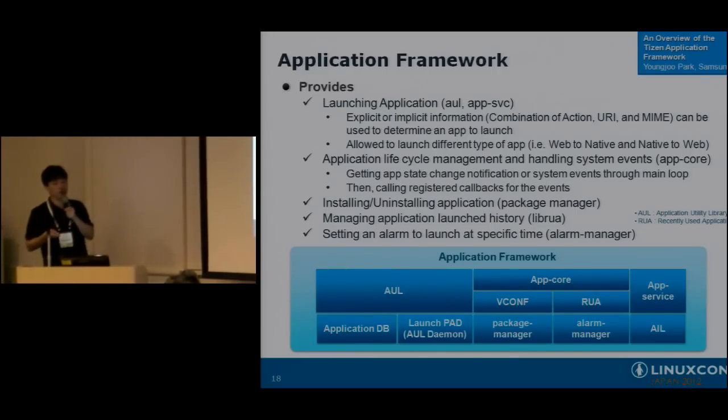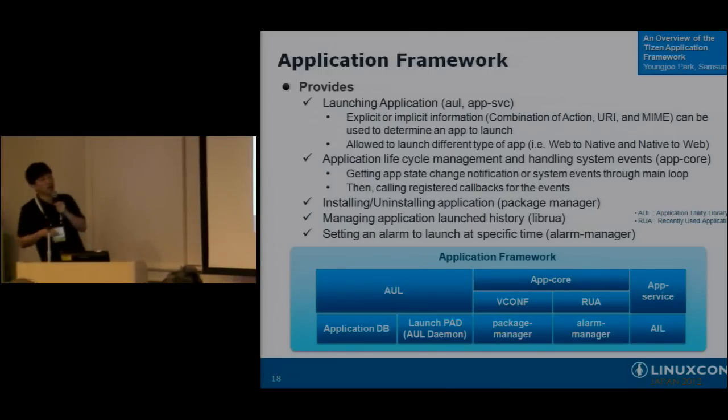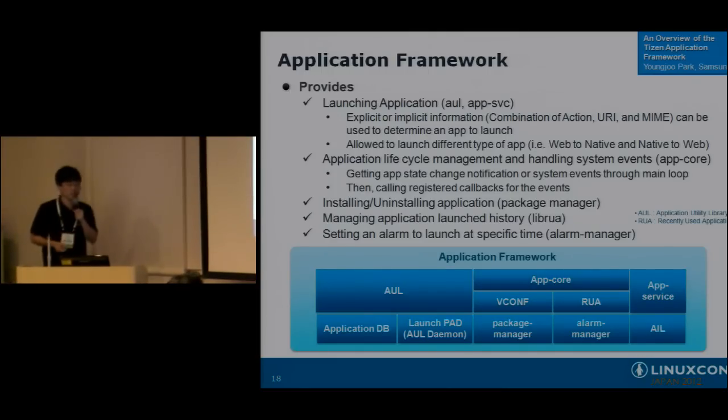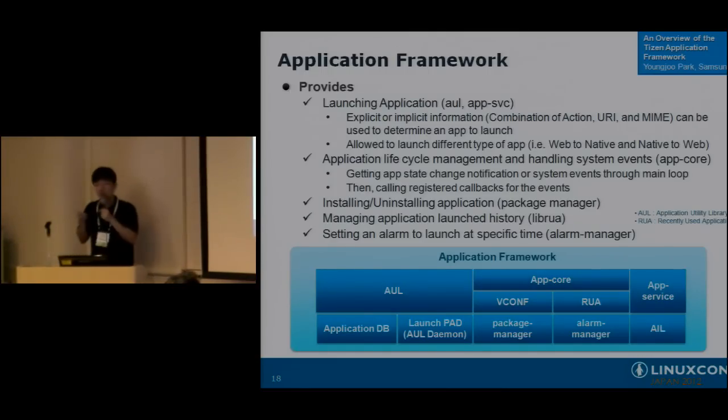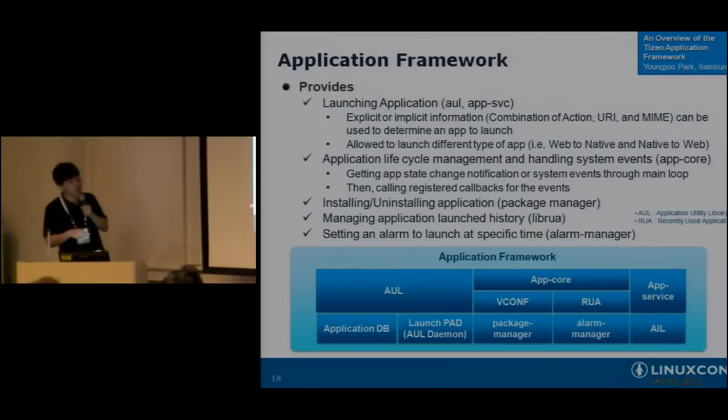We have two application launching methods, which use explicit information or implicit information. For explicit information, we give a specific package name to AUL, which is the application utility library, and AUL actually uses a daemon called Launchpad.